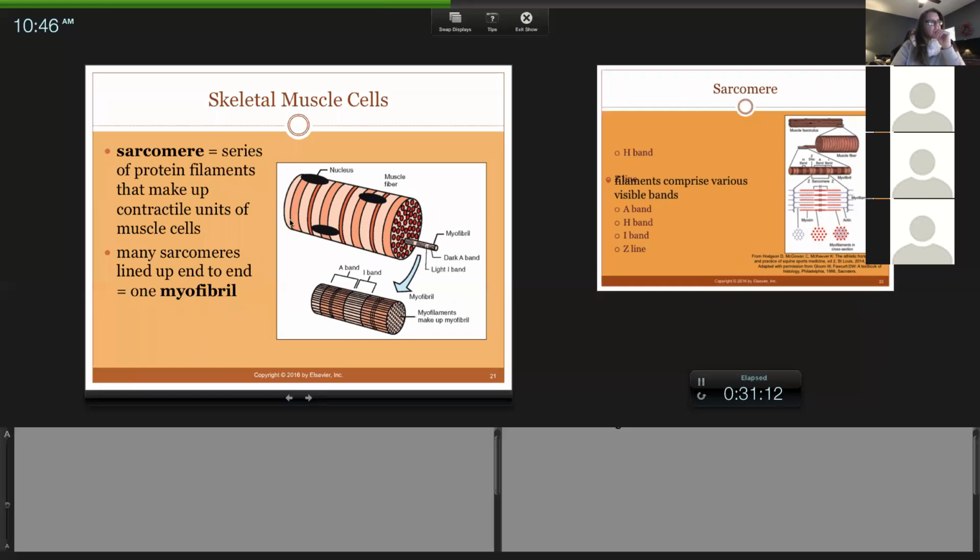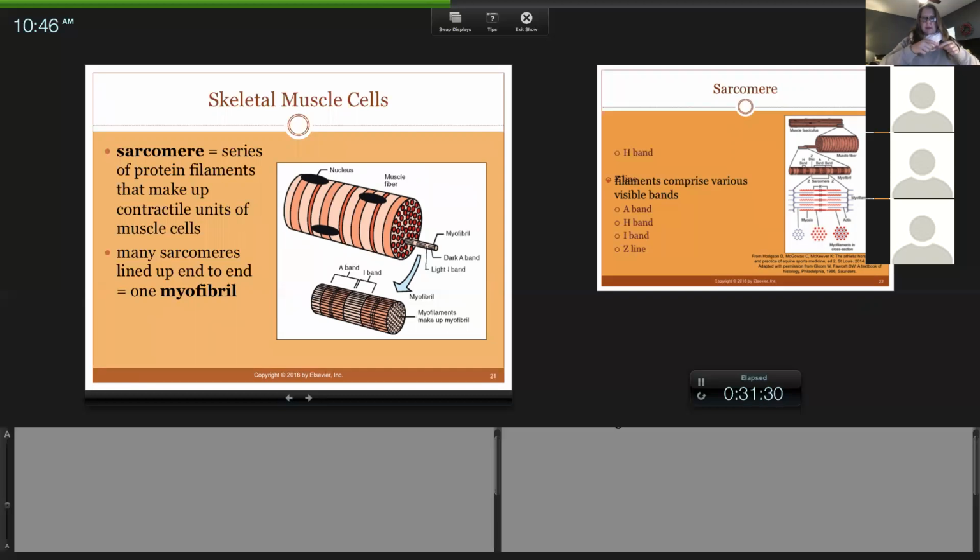Okay, think about this for a second, like a can. This looks to me like a can, okay? If I took 4 soup cans and lined them up, think of them like 4 of these contractile units.